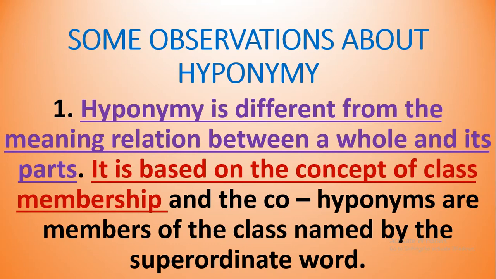This is very important. The very important thing about hyponymy is class membership. The co-hyponyms are members of the class named by the superordinate word. So we have a superordinate word and it includes some other class members of it.